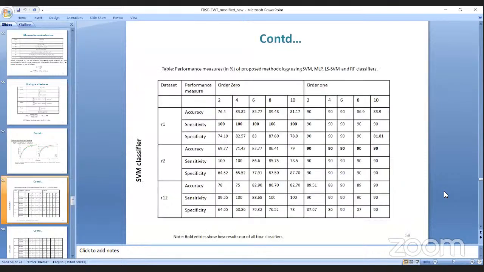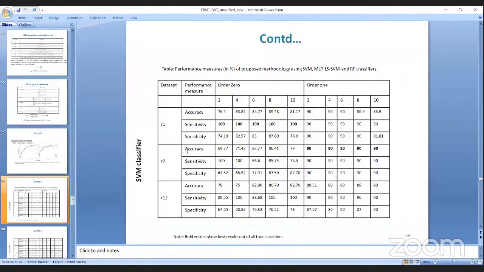And these are the performance measures, in terms of percentage, of the proposed methodology based on the support vector machine classifier, multi-layer perceptron classifier, least square support vector machine classifier, and random forest classifier. Here you can see the order 0 and order 1 cases, and the different data sets studied using the SVM classifier for R1, R2, R12.